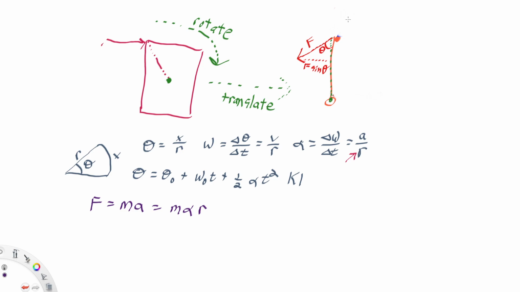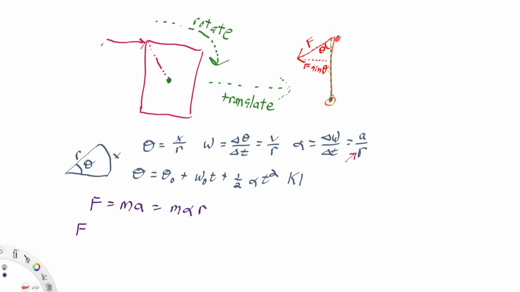So our idea here, right, is to, once we've got this F equals m alpha r expression, F sine theta looks like it's for the x-axis.